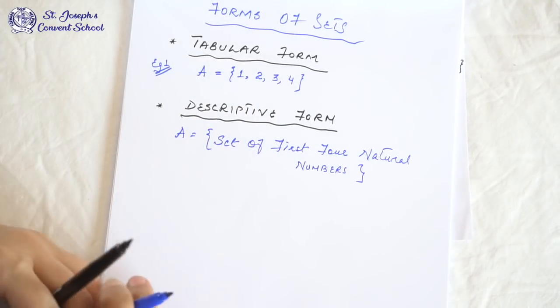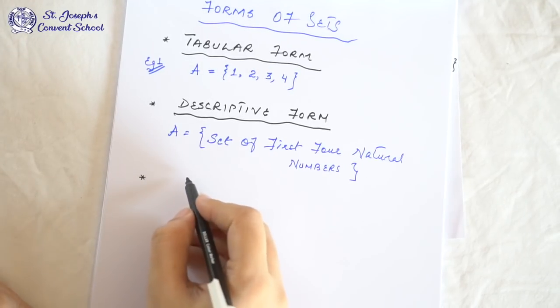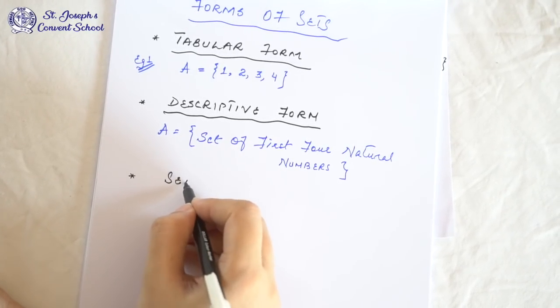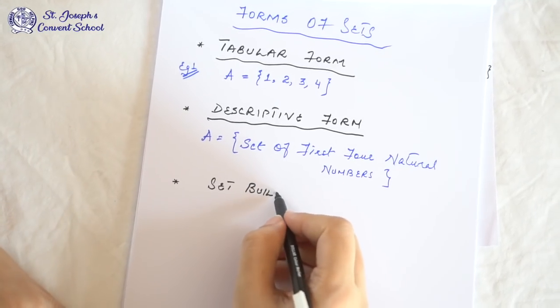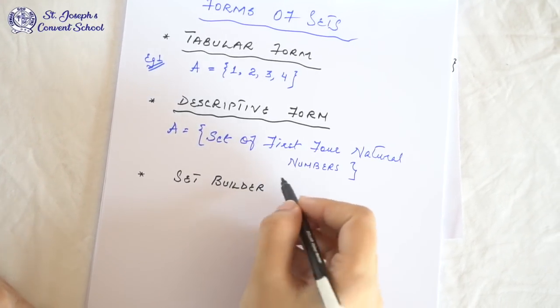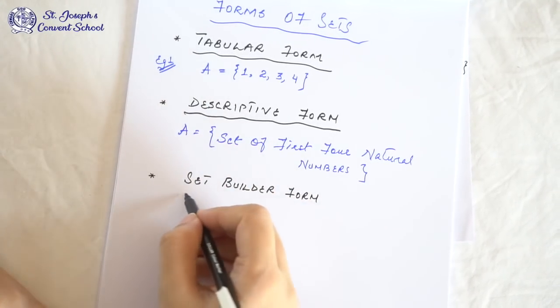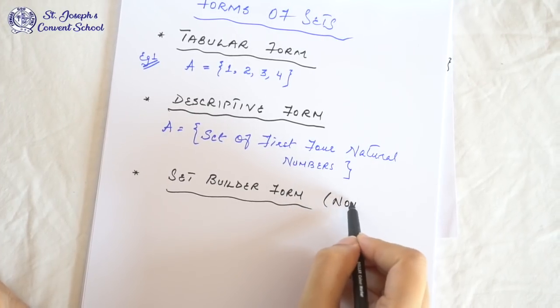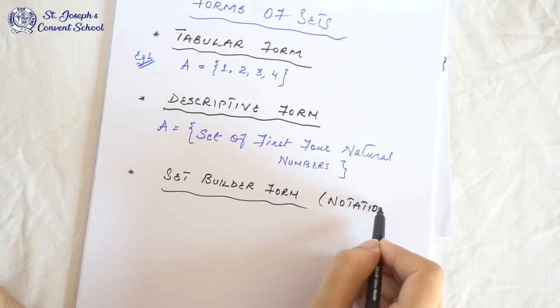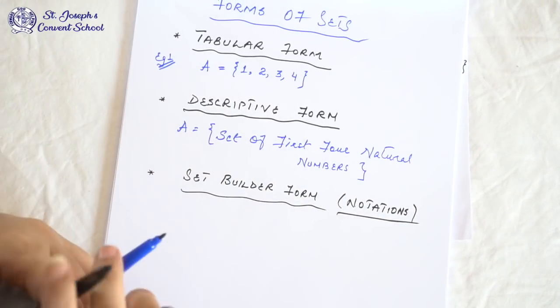The third form in which you can write the same set is set builder form. In set builder form we use different notations. Now the same set, how to write it in set builder form?